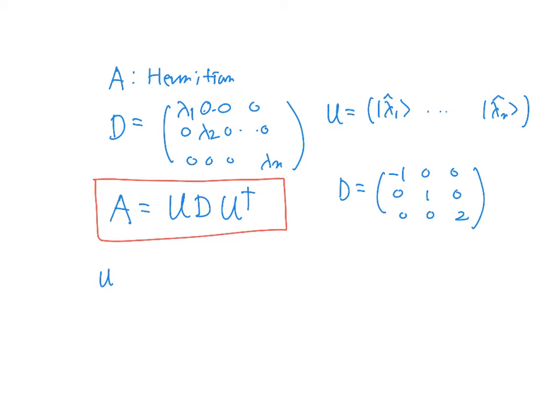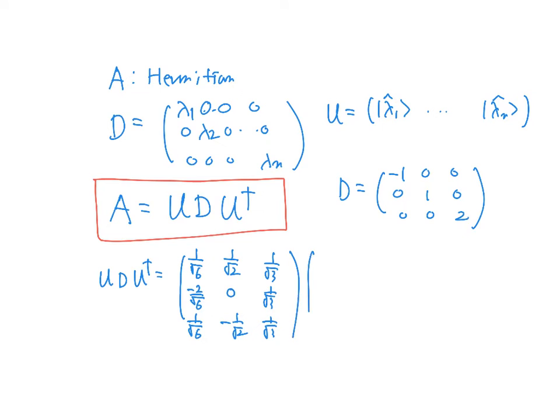So U D U dagger: square root of 6, minus 2 over square root of 6, square root of 6, square root of 2, 0, minus square root of 2, square root of 3, square root of 3, square root of 3, times D, minus 1, 0, 0, 0, 1, 0, 0, 0, 2.